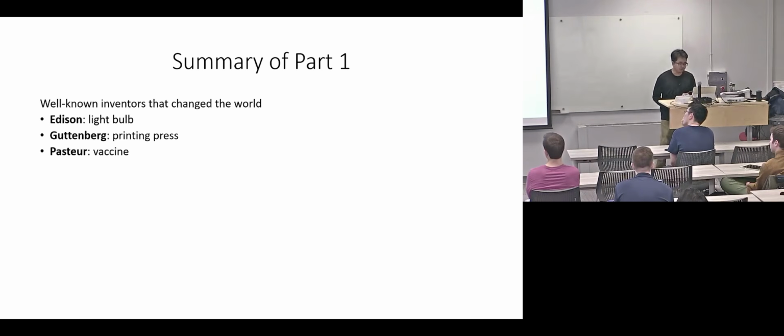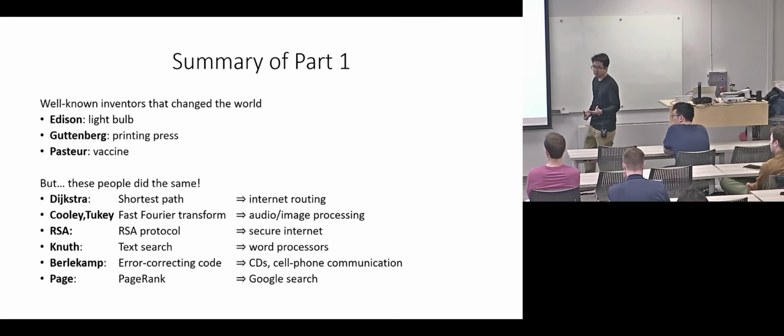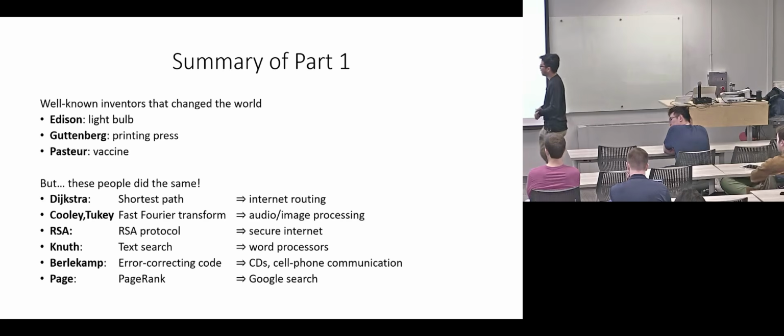But this is actually the same for algorithm designers. If you look into what Dijkstra did, he invented a shortest path algorithm that is fast enough to be practical, and that allows internet routing. And the fast Fourier transform that was invented by Cooley and Tukey is so influential, not just in TCS, but in audio and image processing, and RSA, and so on.